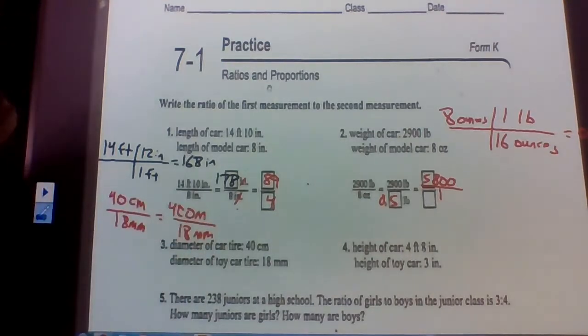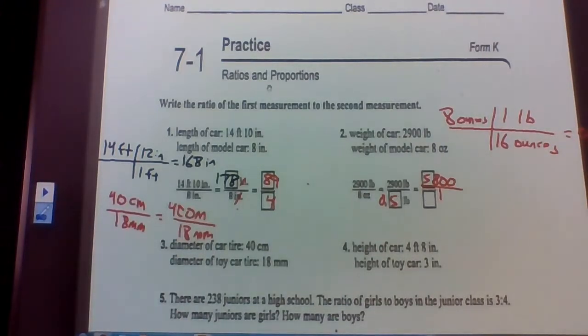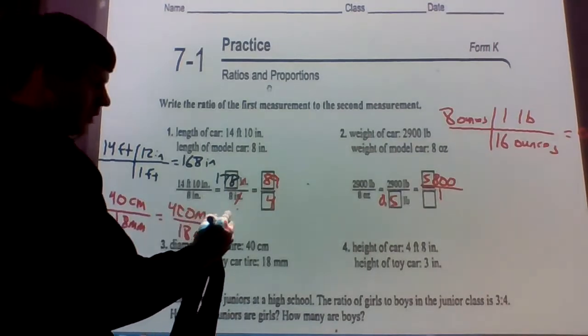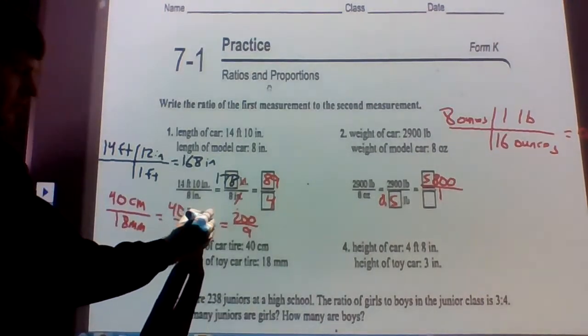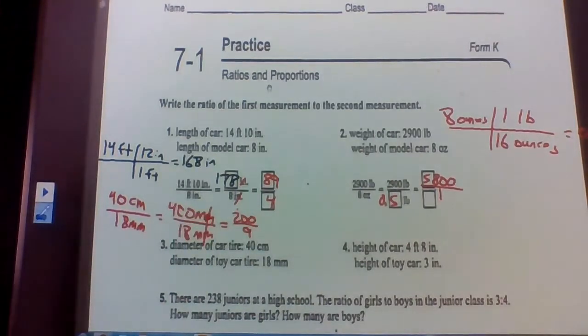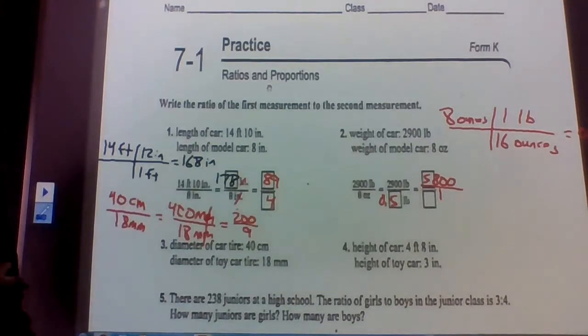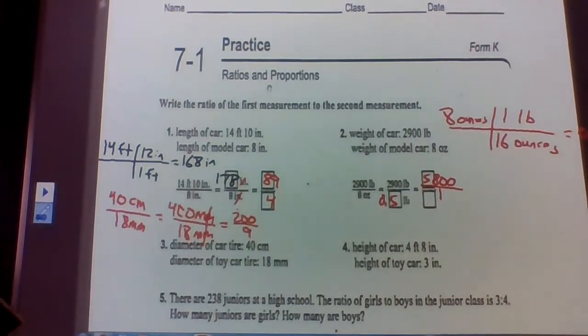And then 400 divided by 18 is 200 over 9, which would be our ratio. Millimeters would cancel out. There are no conversions on the test, but you should know how to do this from chemistry and physics and other sciences.